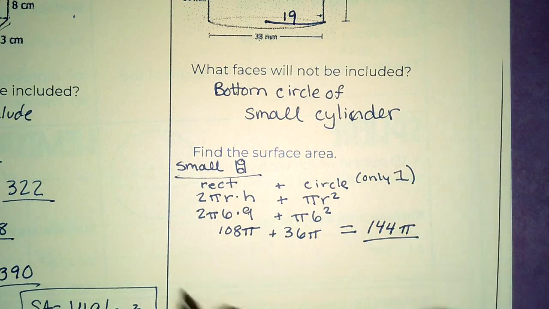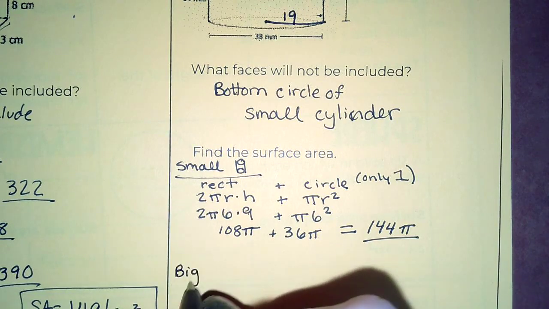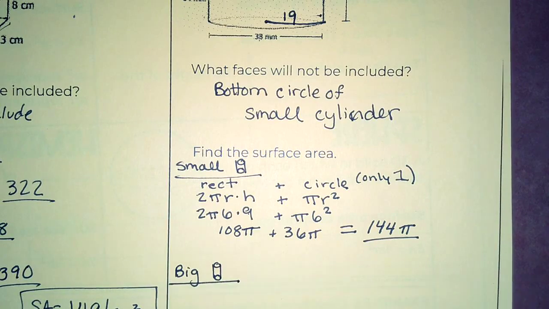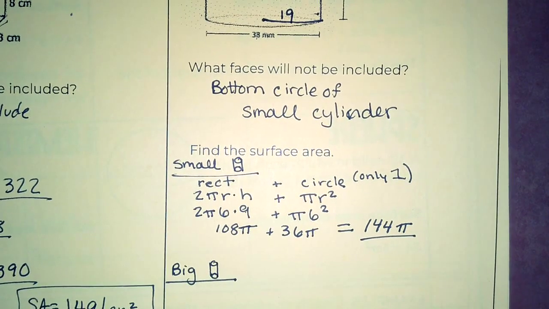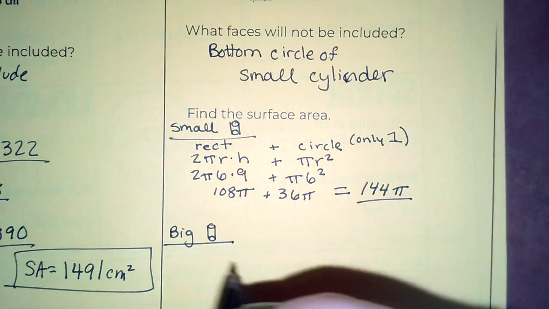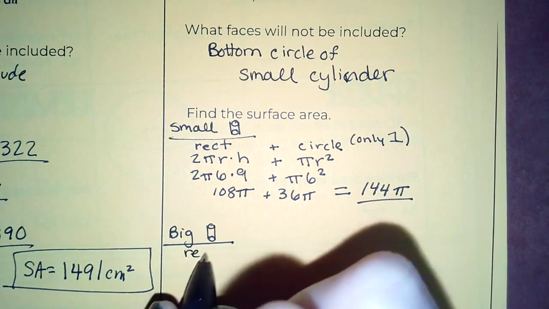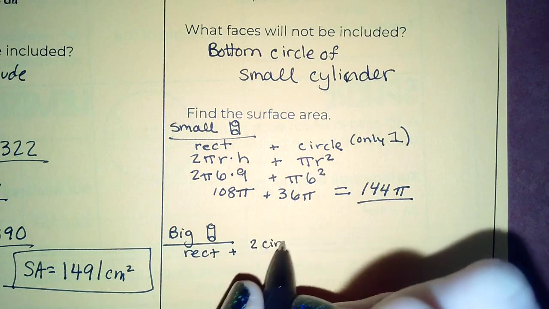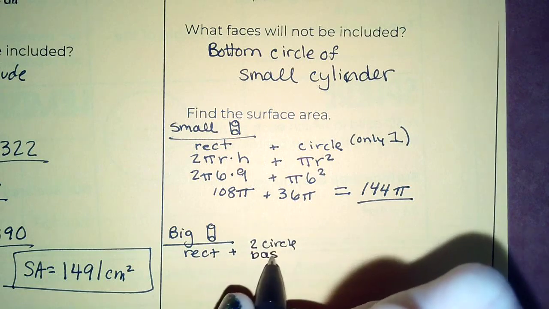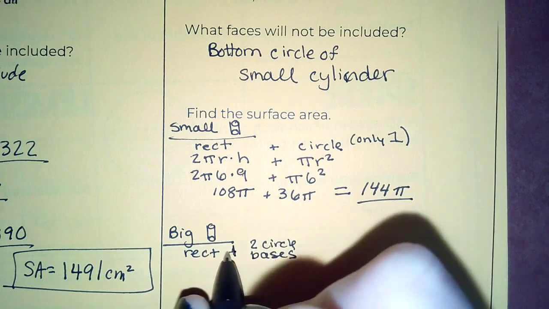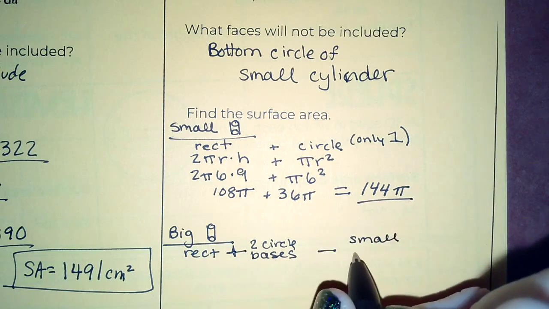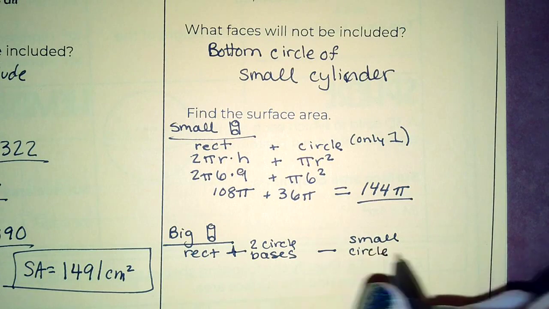Now let's find the big cylinder. For the big cylinder, we'll have to do around the rectangle plus the 2 circle bases, and then we'll have to take away the small cylinder's circle bottom.